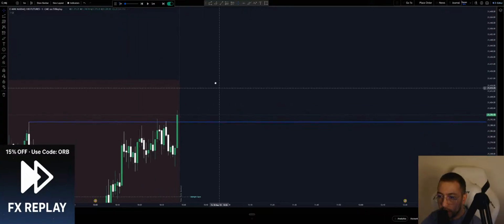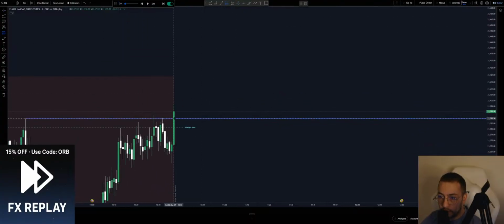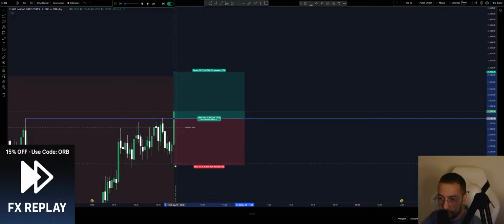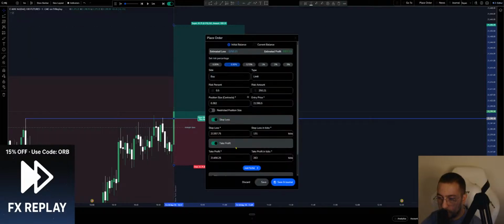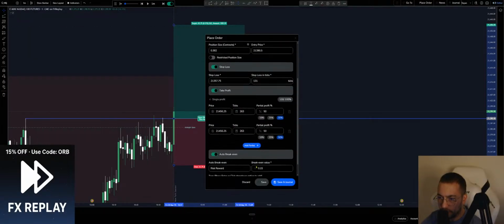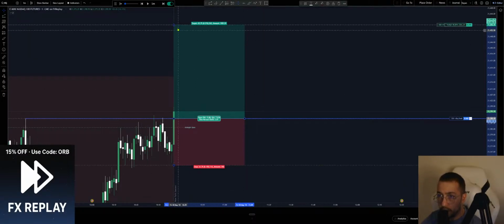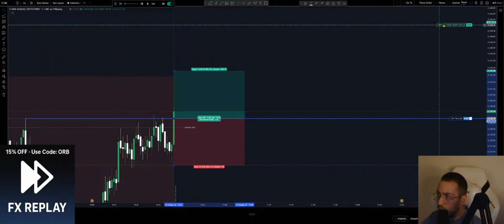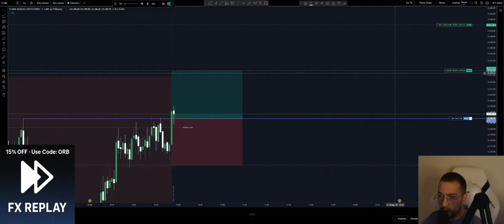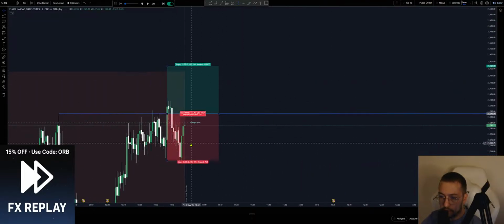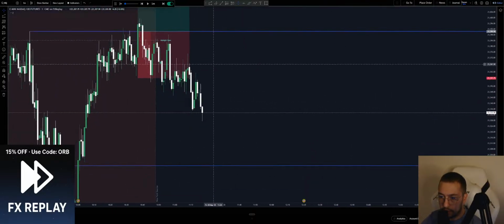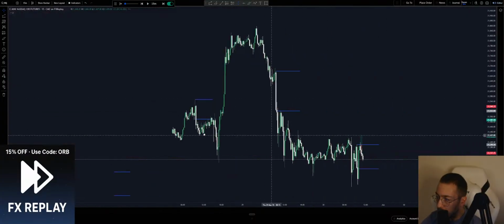So price peaks above. Literally, that's our stop at the last low. Risk to reward. That's a logical stop. 1-to-1. And then you get stopped. And that will be the end of May.